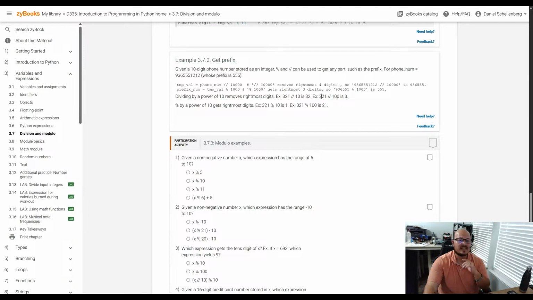And remember what I said, the floor division, the two forward slashes, will keep everything to the left of the decimal. Because we move the decimal over twice, 3 keeps 3. And then the modulo will keep everything to the right.